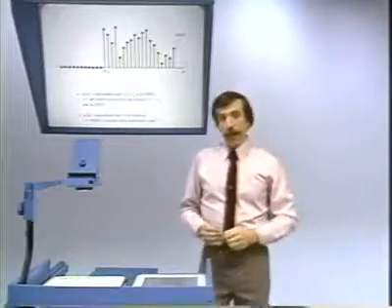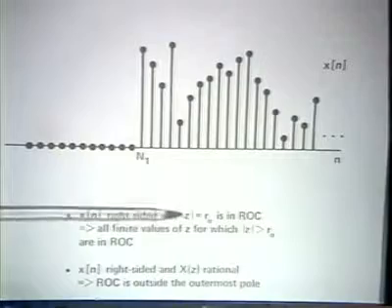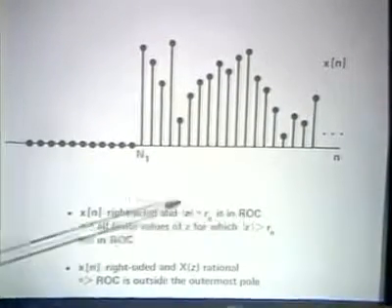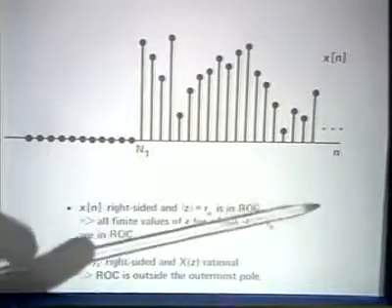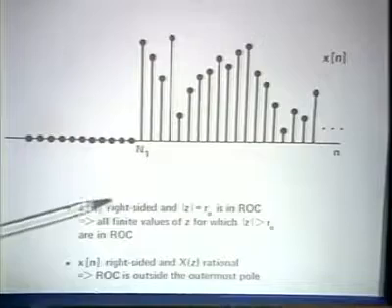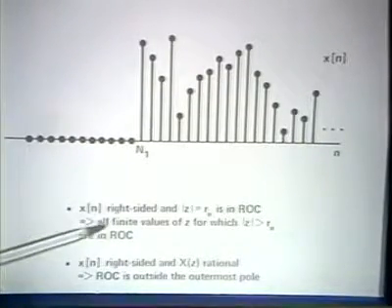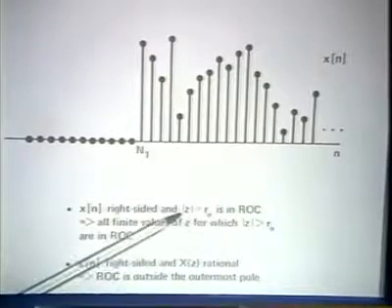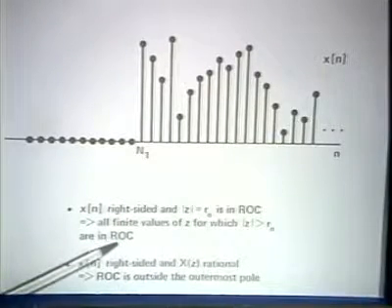As a consequence, for a right-sided sequence, if we have a value which is in the region of convergence, as long as I multiply by exponentials that decay faster than that for positive time, then I'll also have convergence. In other words, all finite values of z for which the magnitude of z is greater than this, so that the exponentials die off even faster, will also be in the region of convergence.